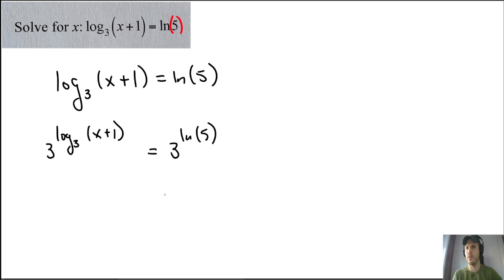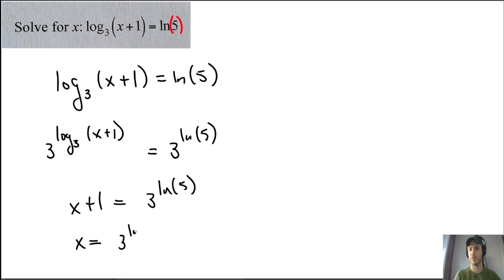And then we will, so this cancels here. You can write that x if you want to or don't. This becomes x plus 1, which is equal to 3 to the log of 5. And then subtract 1 from both sides. Okay, and there it is.